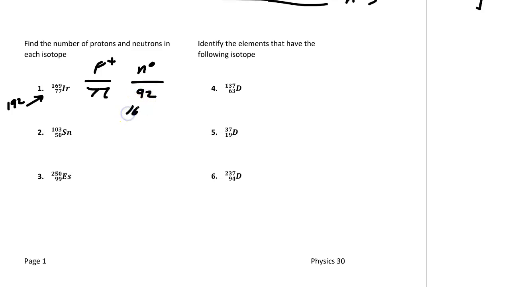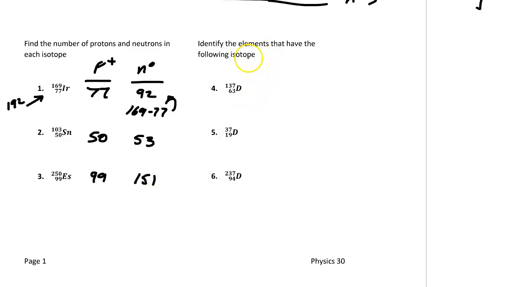We're basically getting that by taking 169 minus the 77. Here we've got tin-103, 50 protons, 53 neutrons, and again this 53 comes from taking the 103 minus the 50. And einsteinium-99 has 99 protons and 151 neutrons.